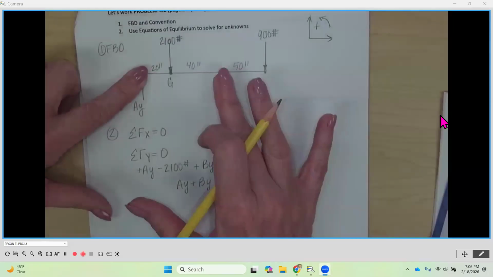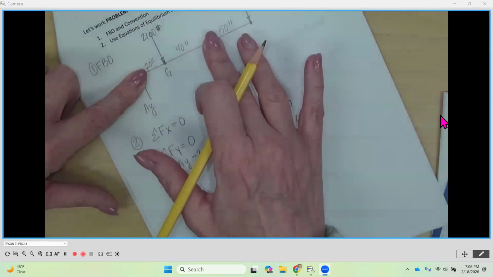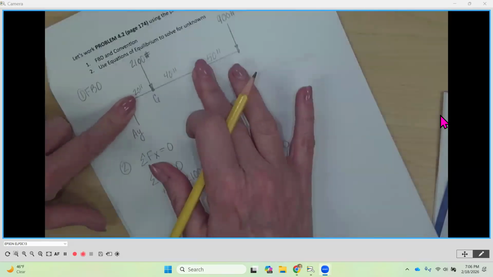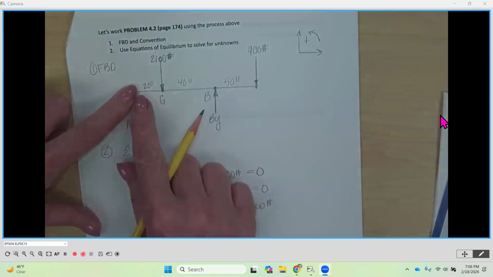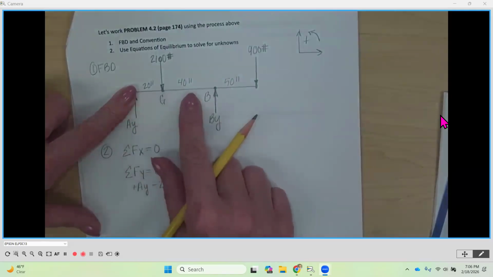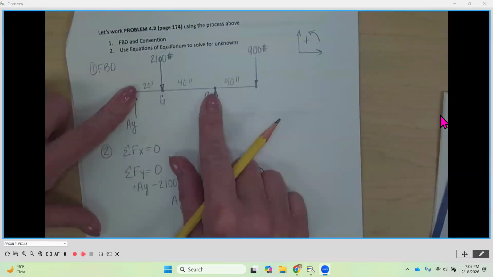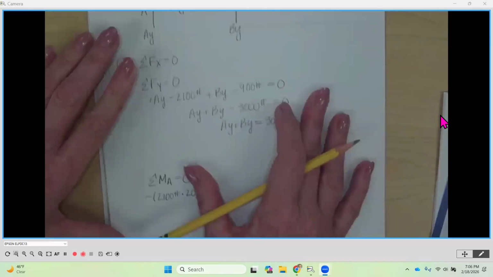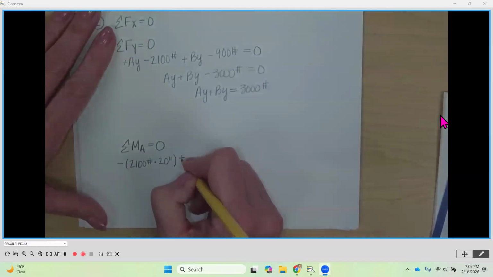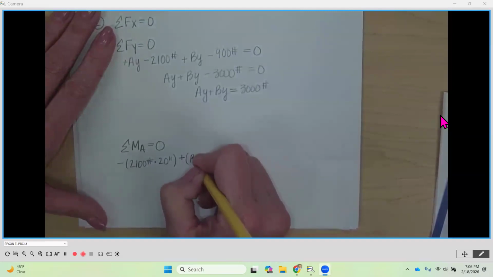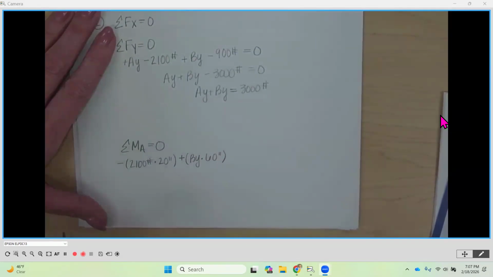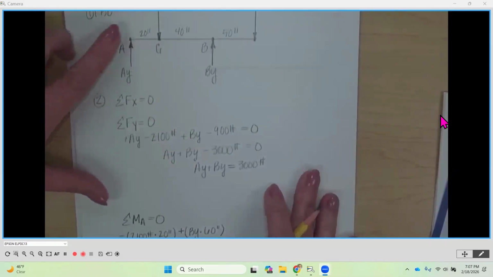Then I'm going to put my finger back up on A and I'm going to pull in the direction that I assumed for BY. So BY is the force. Its perpendicular distance is going to be 60 inches. And it is rotating counterclockwise, so that's going to be a positive out front, BY times 60 inches. Then I'm going to go back up.